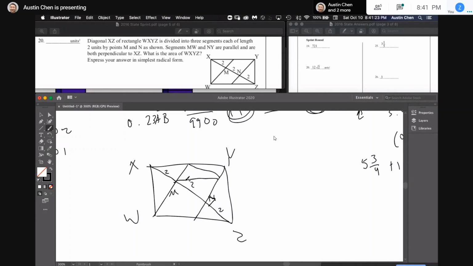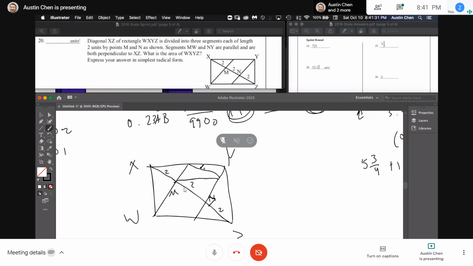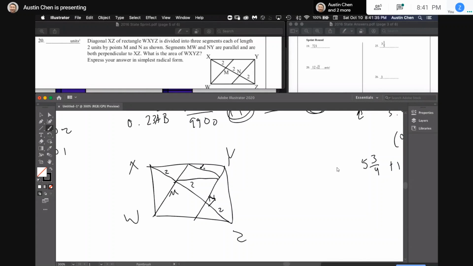They share a side, and the two diagonal lines that are perpendicular to the main diagonal line are parallel, so you can use that.